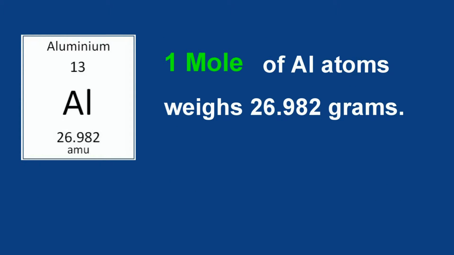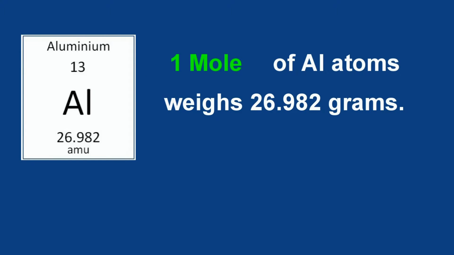Now we know that 1 mole of aluminum atoms weighs 26.982 grams. We also know that the word mole is just a name for a specific number. Let's plug in that number. So there are two ways to make this statement.